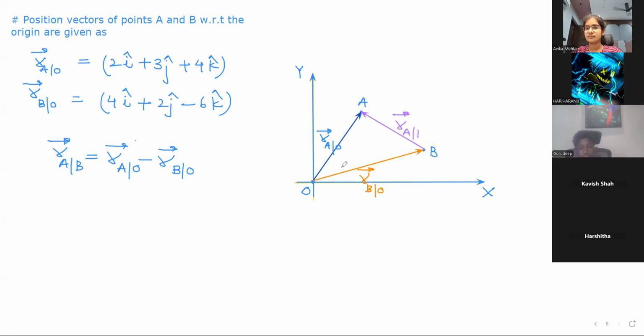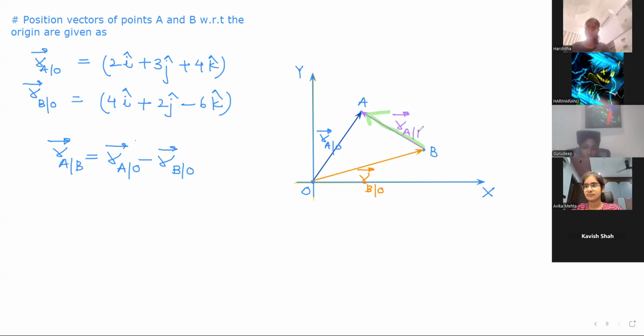So now using triangle law of addition of vectors, vector RBO plus vector RAB. If I add vector RBO to vector RAB, I get vector RAO.